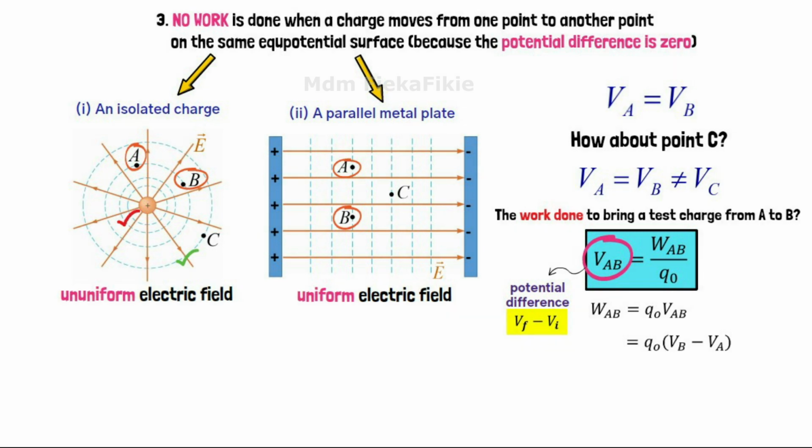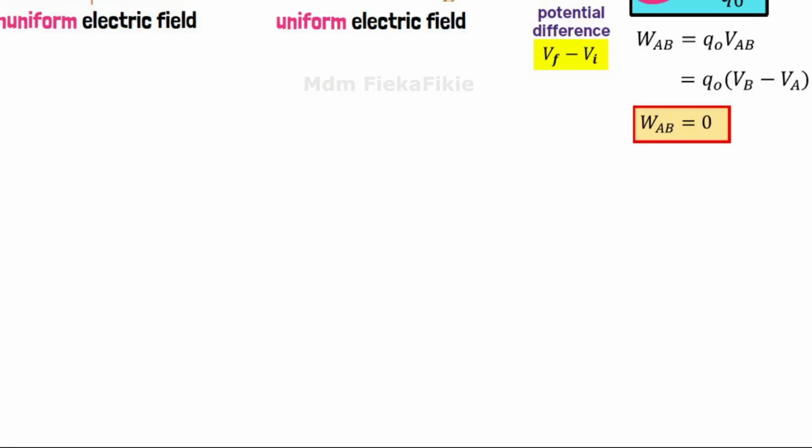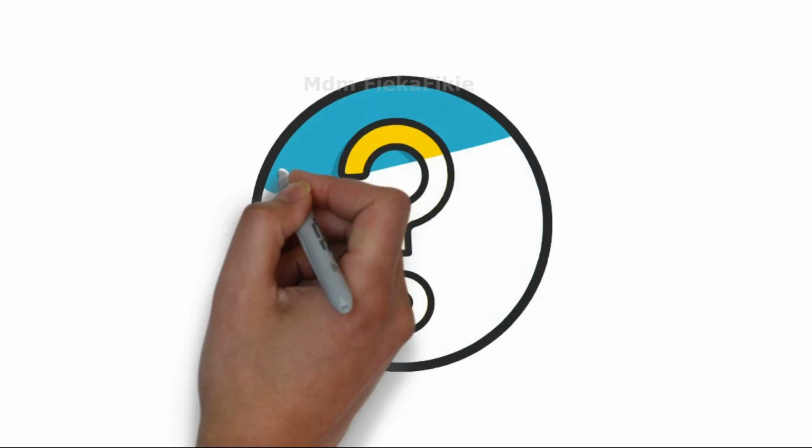Therefore, WAB is equal to 0. That's why on the same equipotential line or equipotential surface, no work is done in order to move a test charge from one point to another point. Okay? Now we want to focus a bit on potential difference.